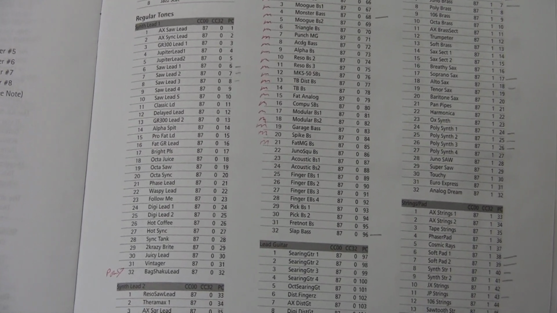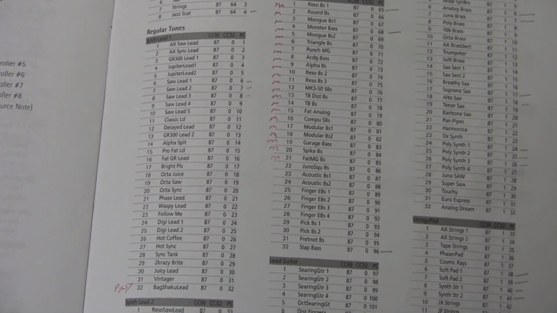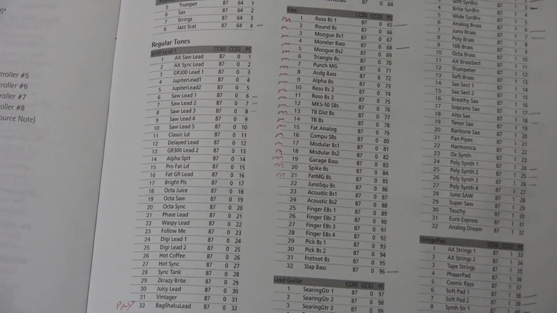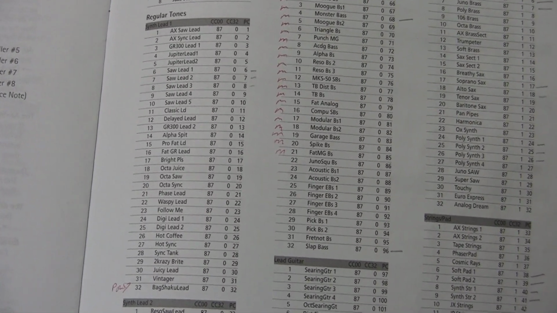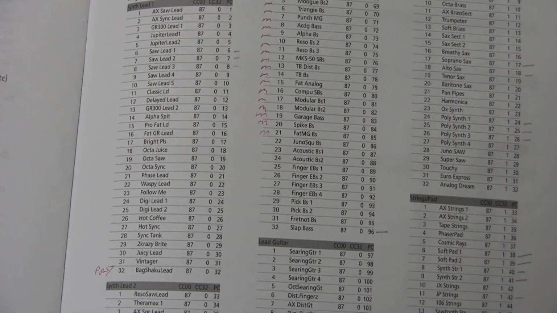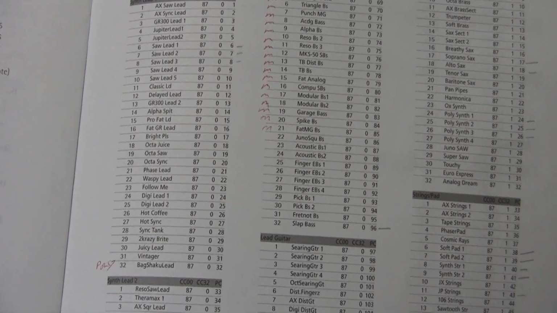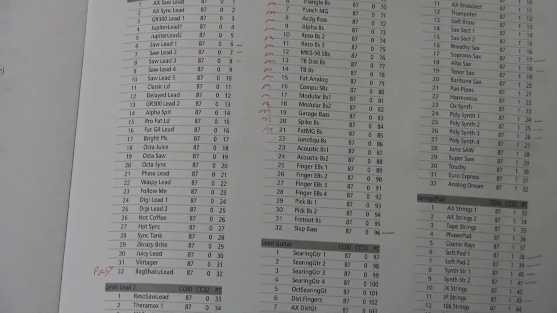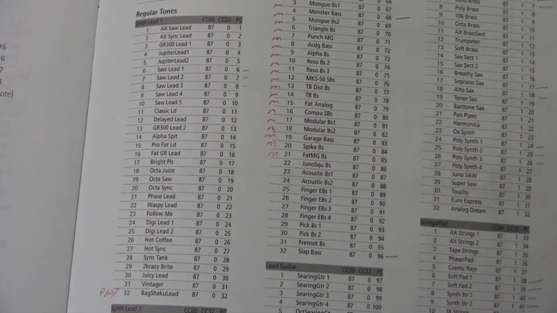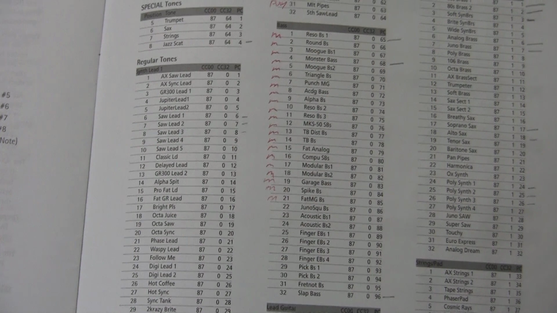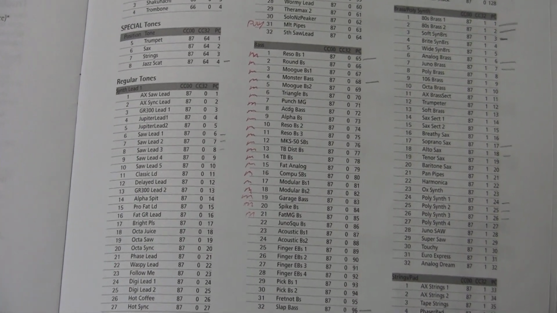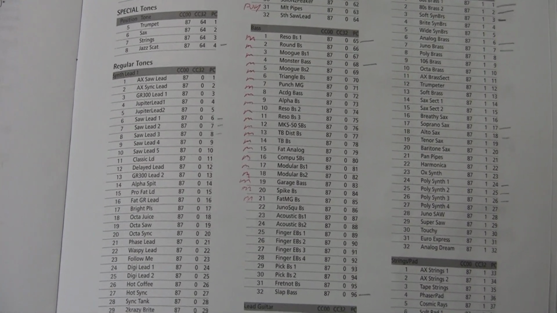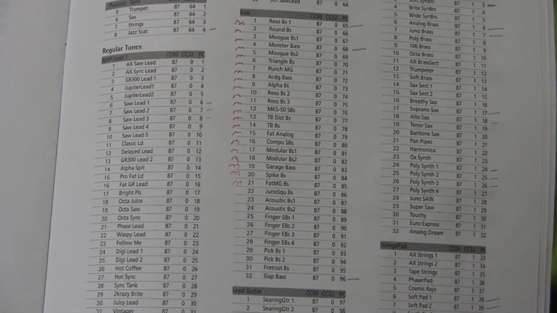So if I pressed, for example, Deja Vu lead on this particular keyboard that this book refers to, I will get the transmission of 87, 0 and 12.